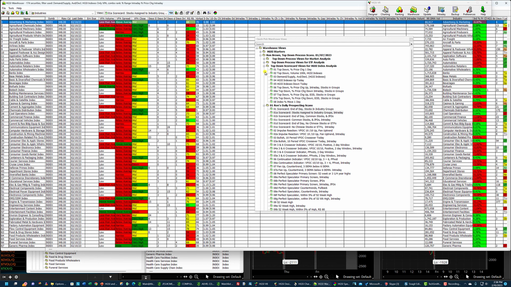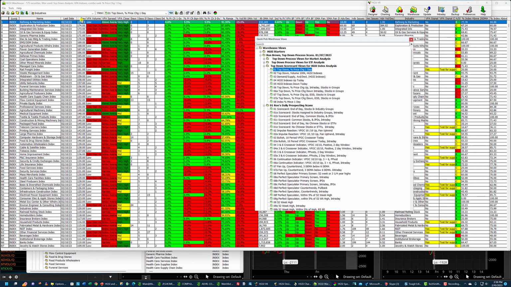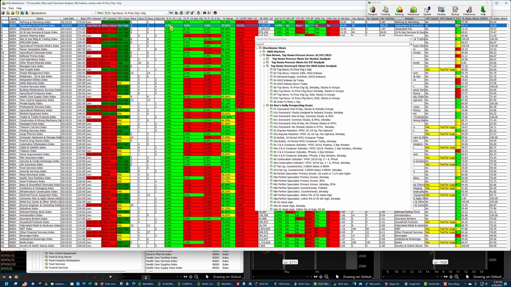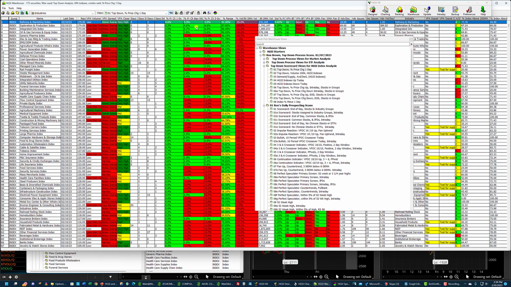Now I have to go up here to HGSI index analysis, sorted on raw combo, and the percentage price gain is 4.6% for the refining and marketing. Exploration and production is up 4.3, integrated oils and so on.